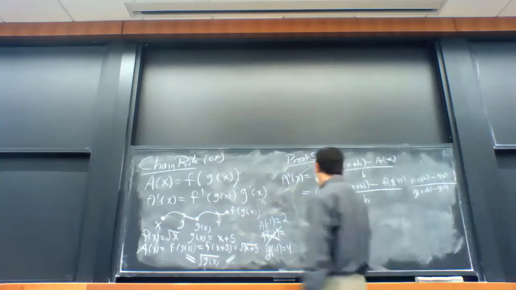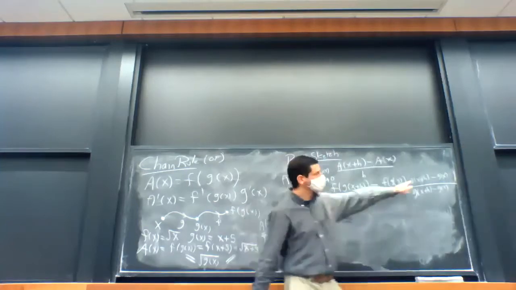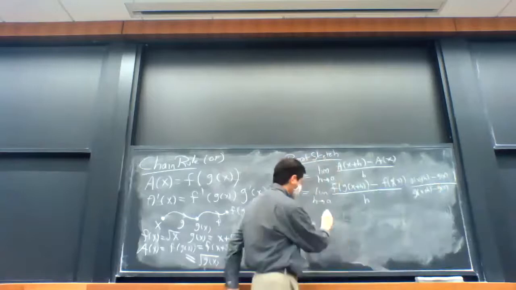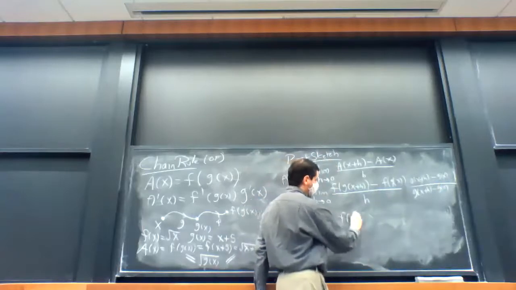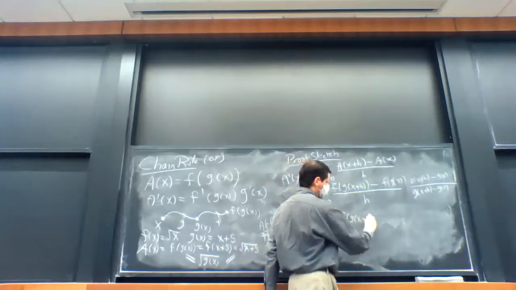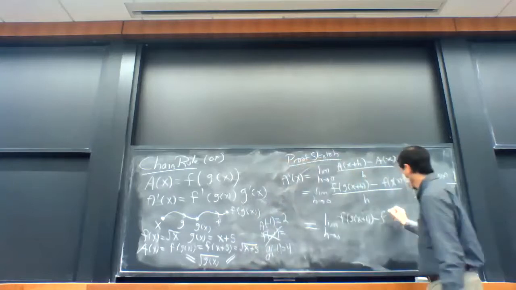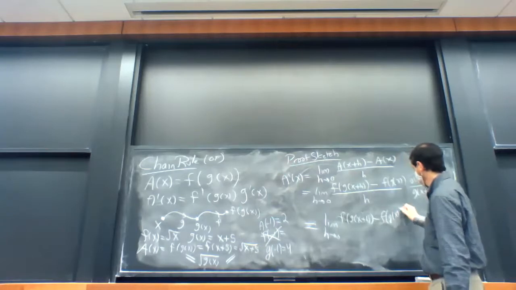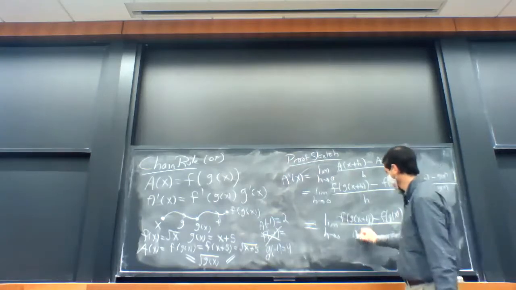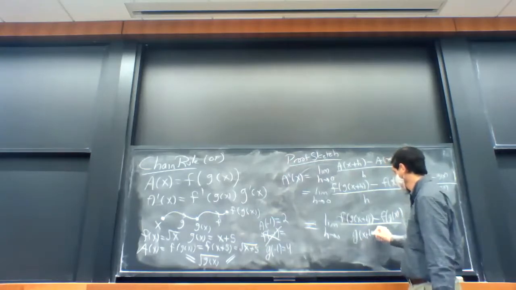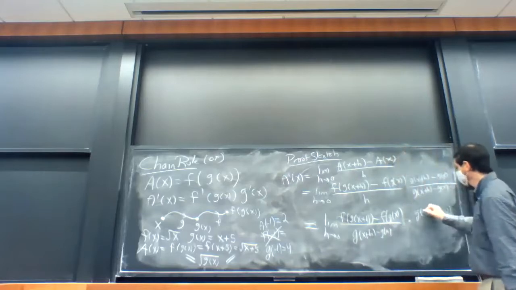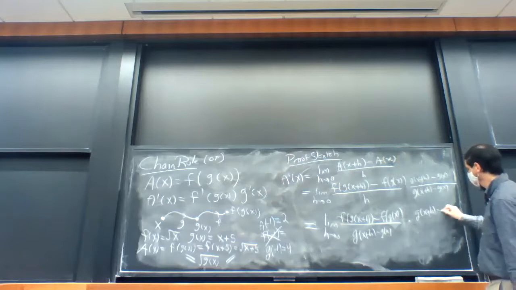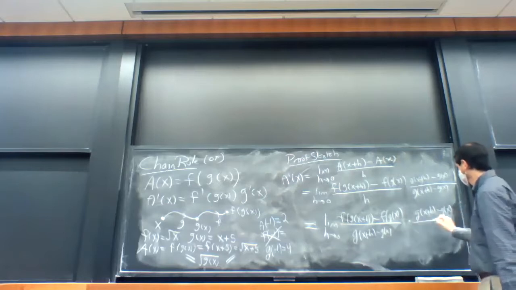So if I do that, I can now group the h with that. Now I'll have the limit as h goes to 0 of f of g of x plus h minus f of g of x, divided by g of x plus h minus g of x, times g of x plus h minus g of x over h.